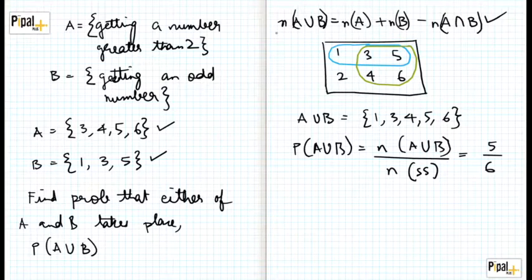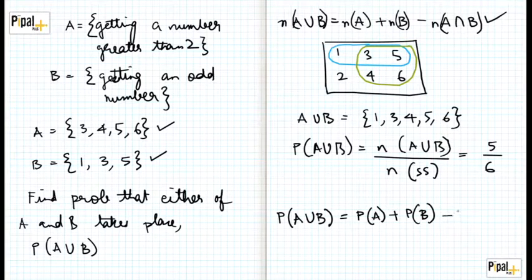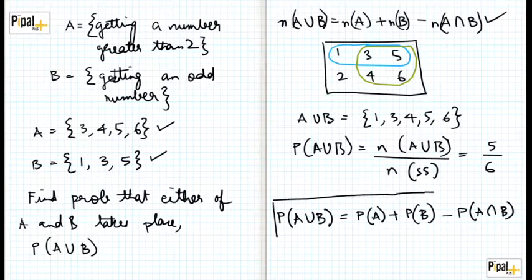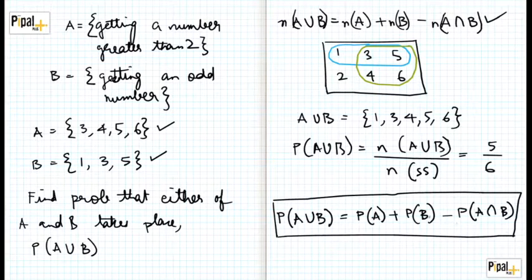We can divide both the left hand side and right hand side by the number of elements in the sample space, and we will get the probability of event A or B happening is equal to the probability of A plus the probability of B minus the probability of both A and B. So this is how we can use set theory to solve problems in probability.